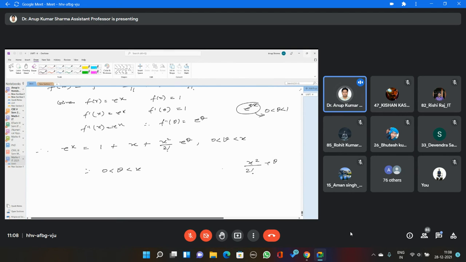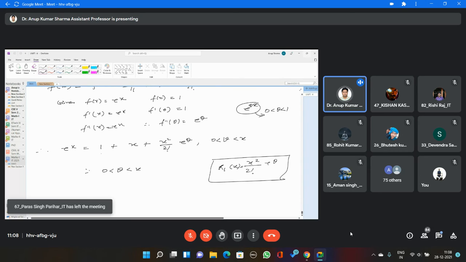This is R1x, sorry, not R2, this is R1x, because up to here is the 1 degree, and this is our remainder.